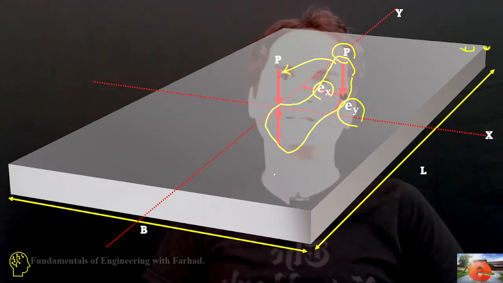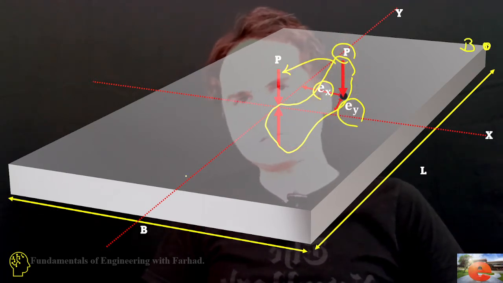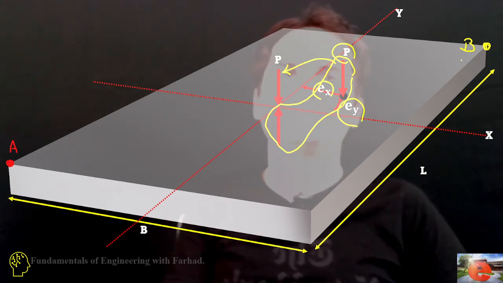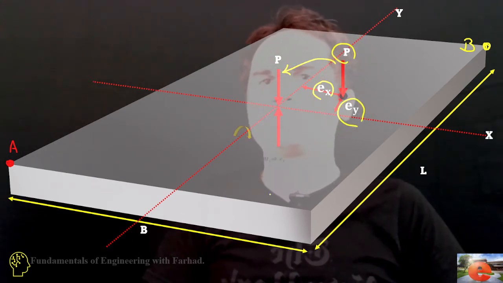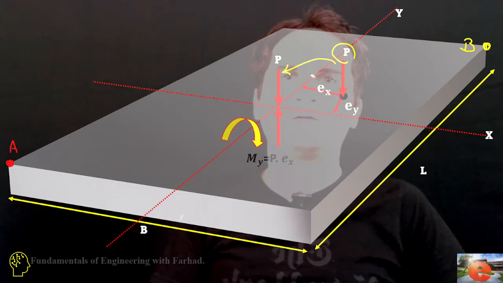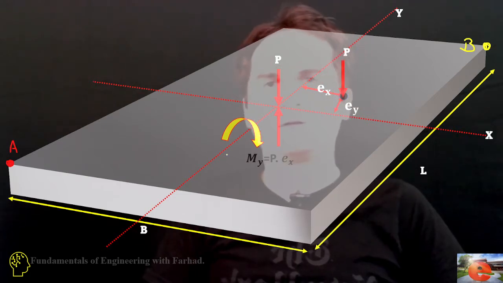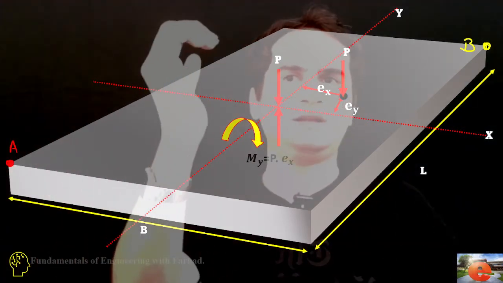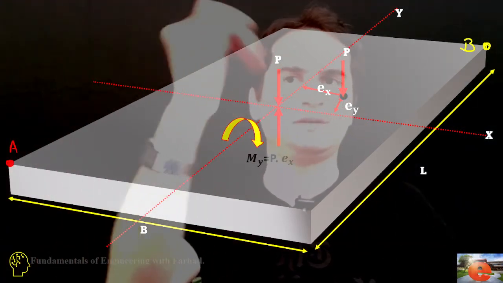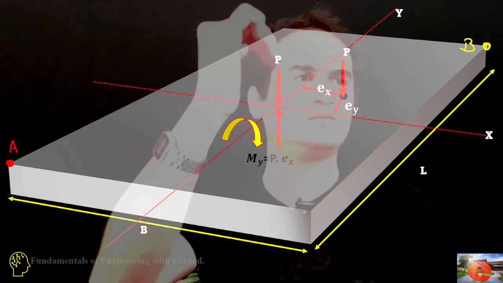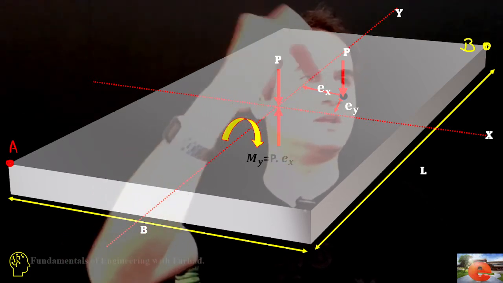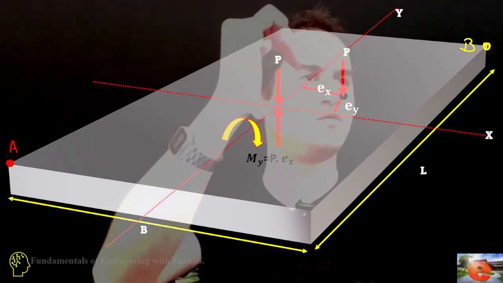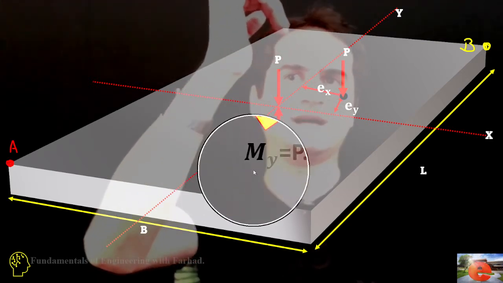So let's see the effect of the bending moment. If you look at the moment created about the y-axis, it is a clockwise moment, which is a force times its arm.